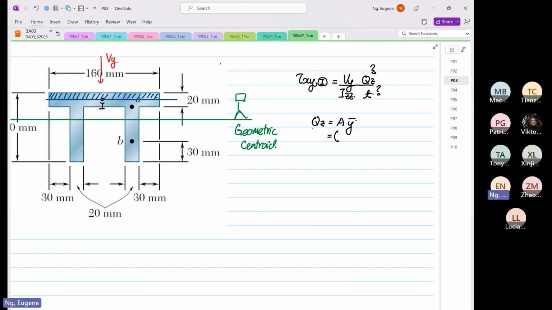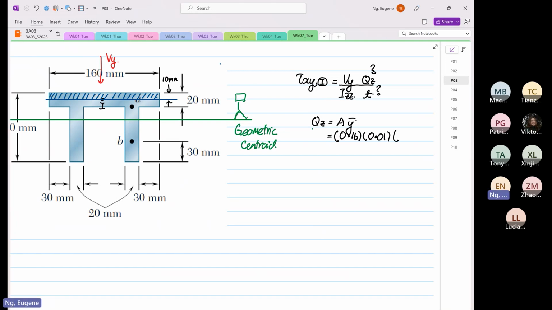The width is 0.16, and the depth, for example, from here to here is about 10 millimeters, just an example. So the depth is equal to 0.01.